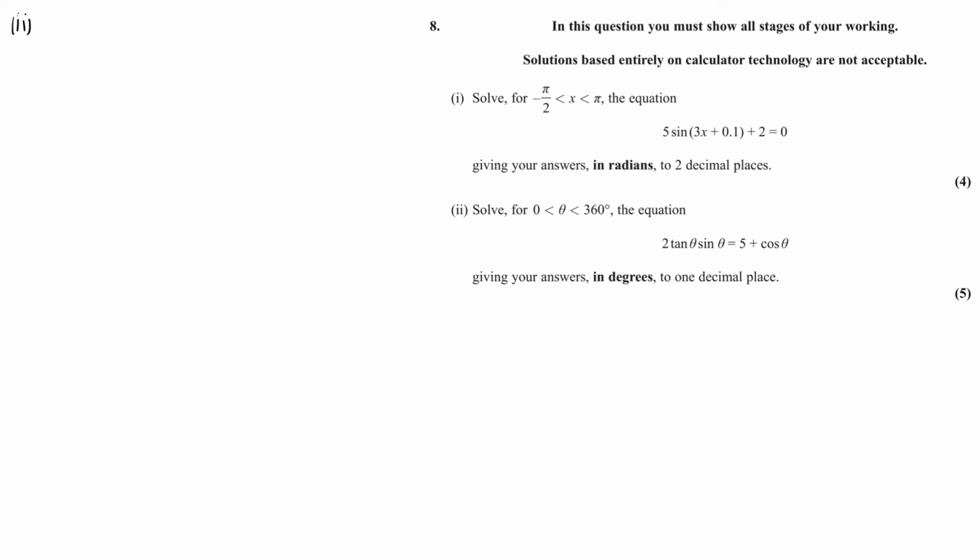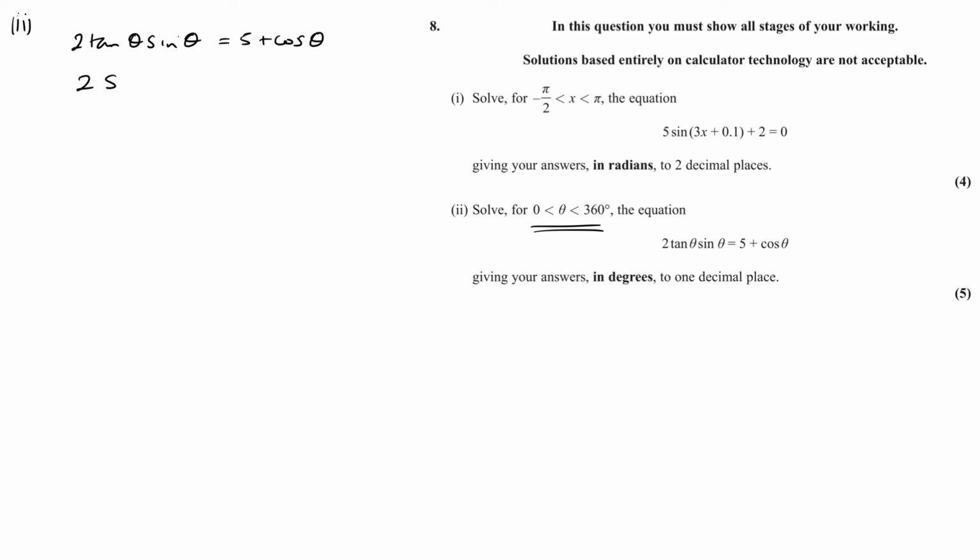So we have 2 tan theta sine theta equals 5 plus cos theta. It's just a single theta, and now we need to make sure we put our calculator back into degree mode as well.